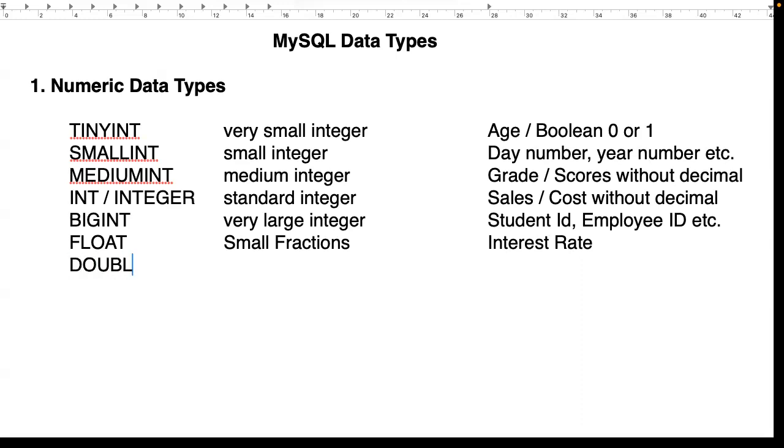You have double, medium fractions actually. Double means medium fractions. What you can store, like salary, some price, such values you can store using double.